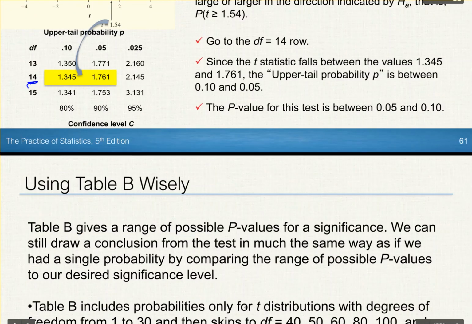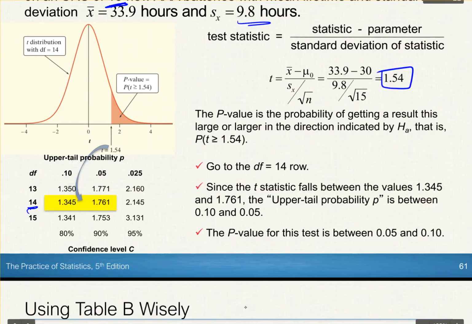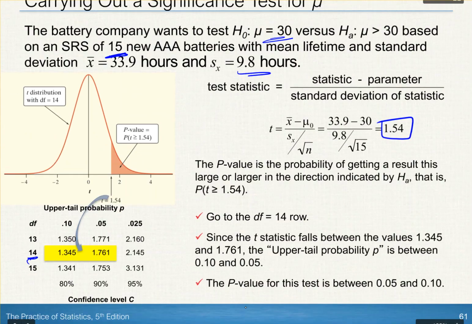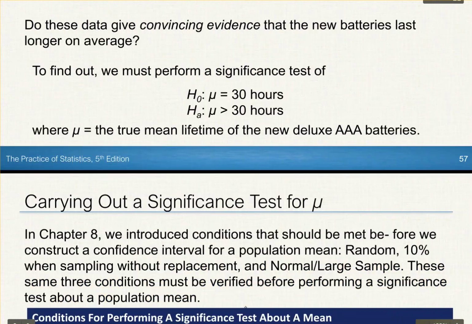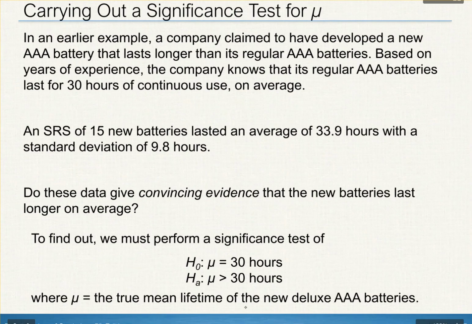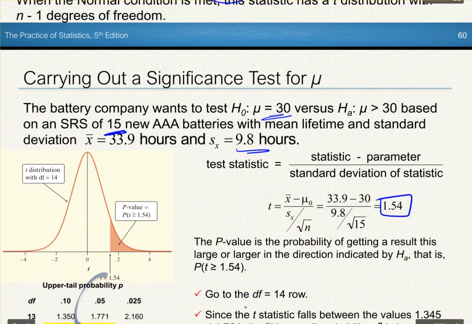Again, that's basically just saying, depending on what our confidence level is. Did we specify in this one what our confidence level was? I don't think we did. No, we didn't. So we don't know what our alpha is.